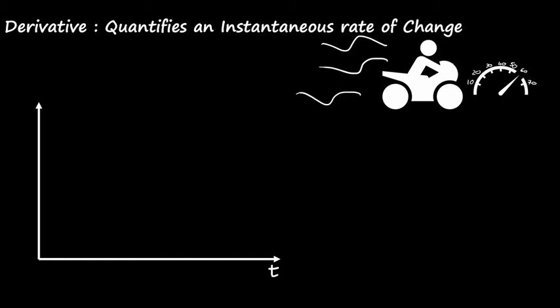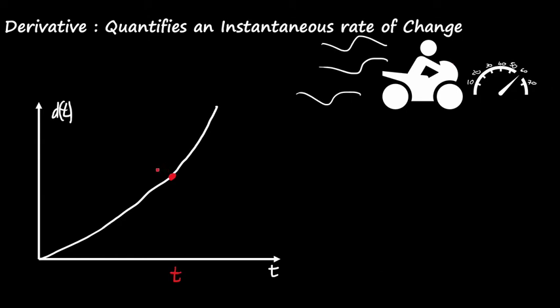If you've got here with distance and time, your graph, your movement might look a bit like that. So if I want to know how fast I'm going at t seconds, I go here, right?